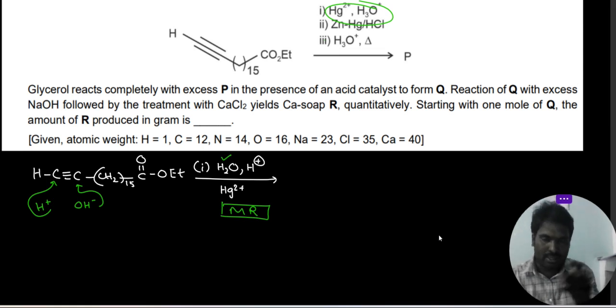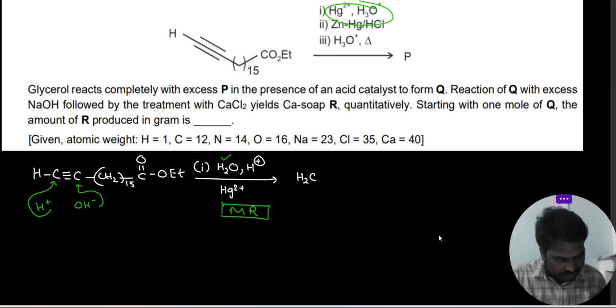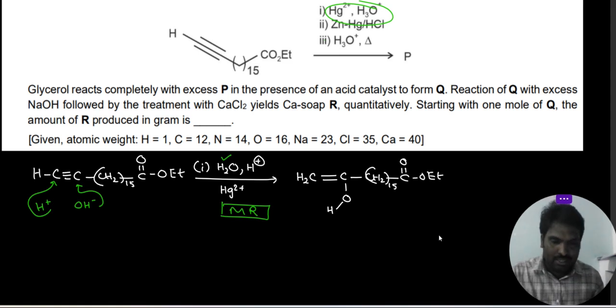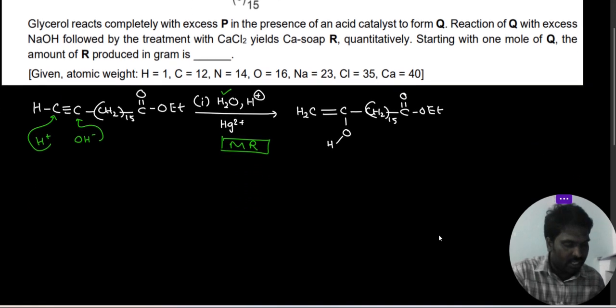You break one pi bond of the triple bond and add. Then here you will get CH2 double bond, here OH and single bond, CH2 15 times, COO ethyl. Then this enol tautomerizes to give the ketone.